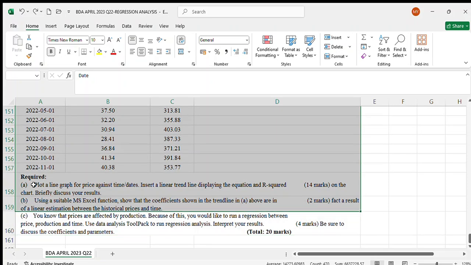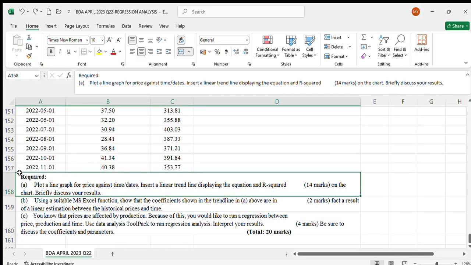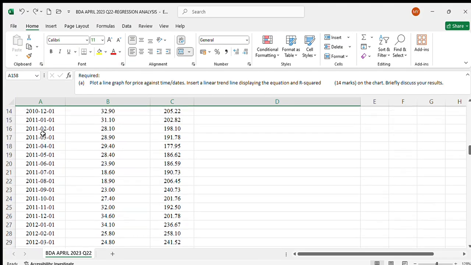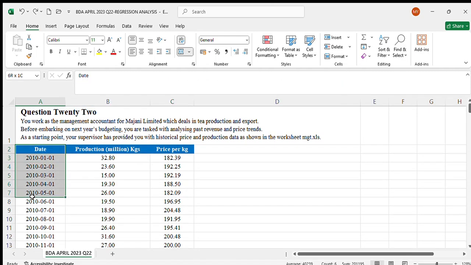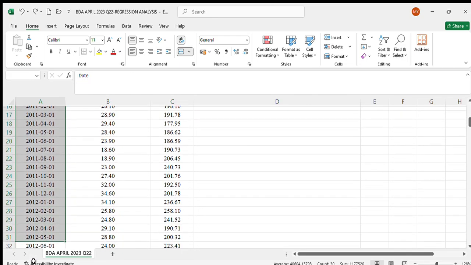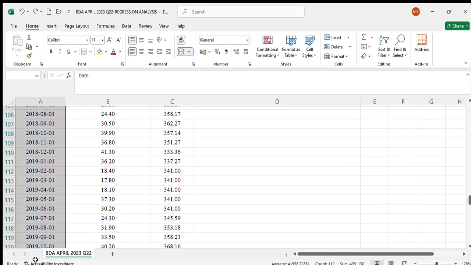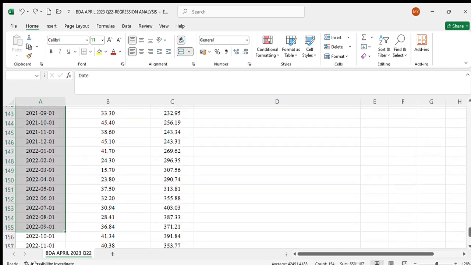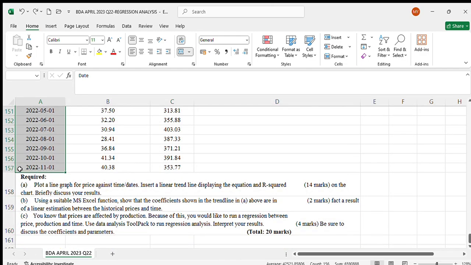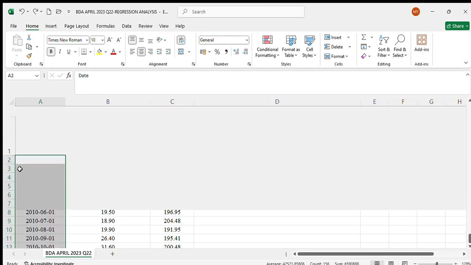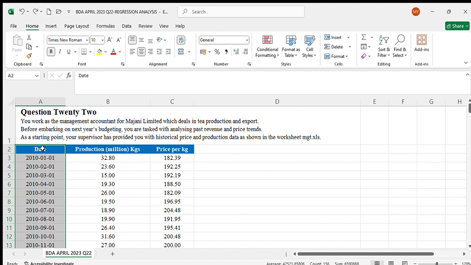This is a bit long, so you can highlight again. It's up to there. Then also highlight the price.